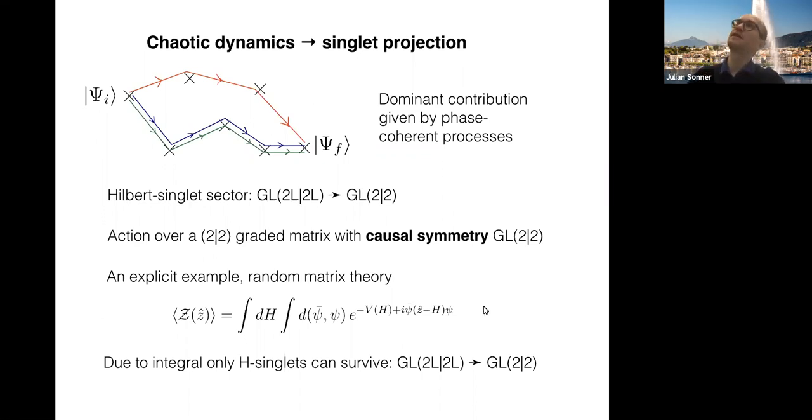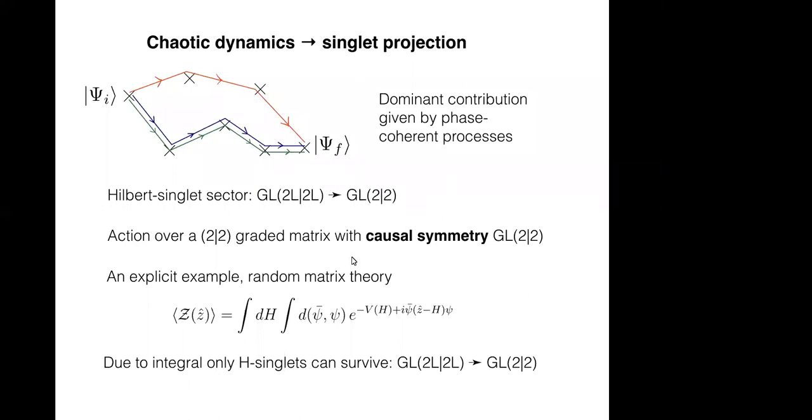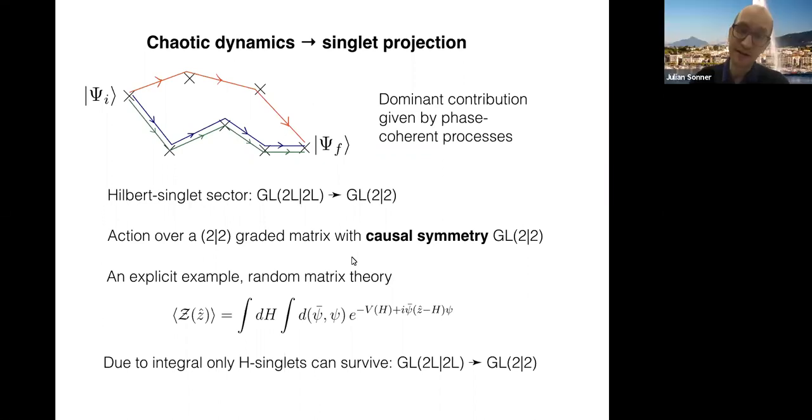So if the Hilbert space index were mu, for example, which runs from 1 to, in this case, 4L, because it's four copies of it, then the resulting theory will have non-trivial interaction terms in psi, but all of them will be singlets under this GL2/2 subgroup, and the resulting action will be invariant under GL2/2. V can be any random matrix potential, but if you want, you can put the Gaussian potential here. That basically defines the measure with respect to which I integrate.